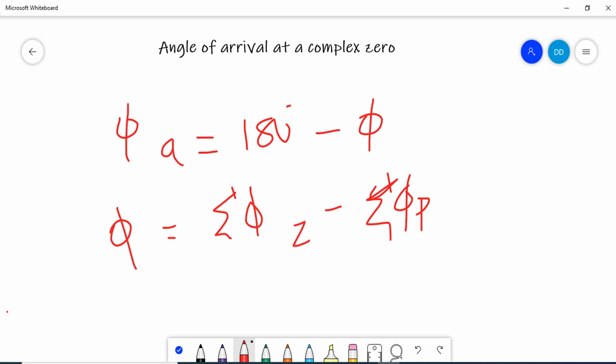The angle of departure and the angle of arrival need to be calculated only when there are complex poles and zeros in a system.